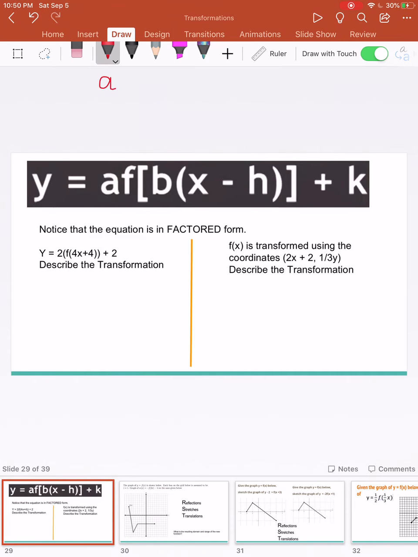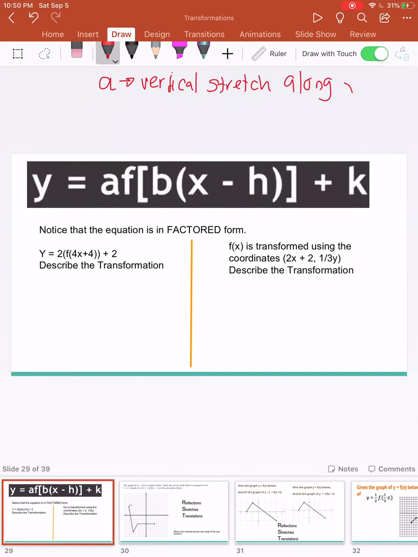We know our A value is our vertical stretch along the x-axis. If we have a negative A, that would mean a reflection along the x-axis.